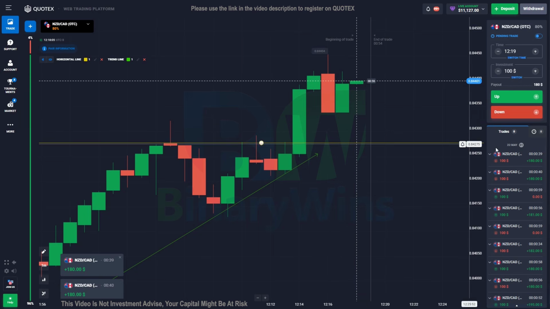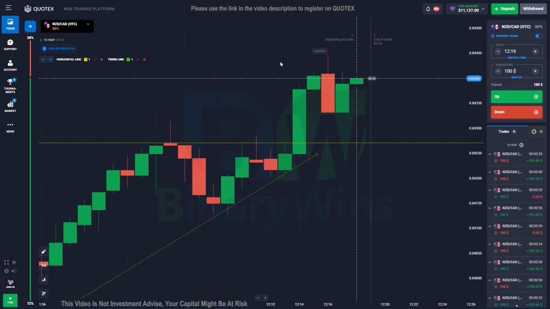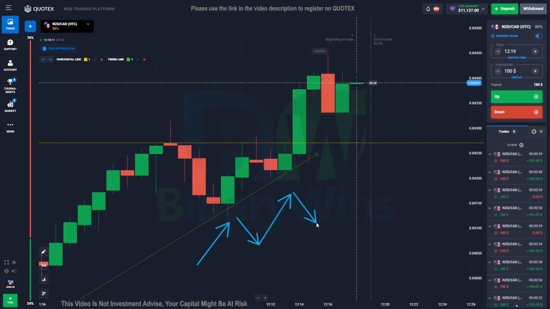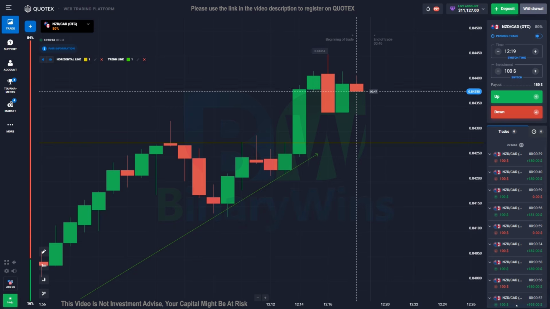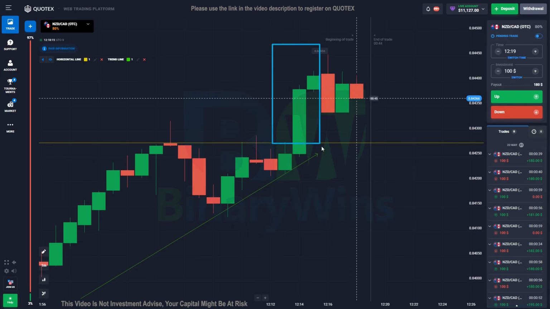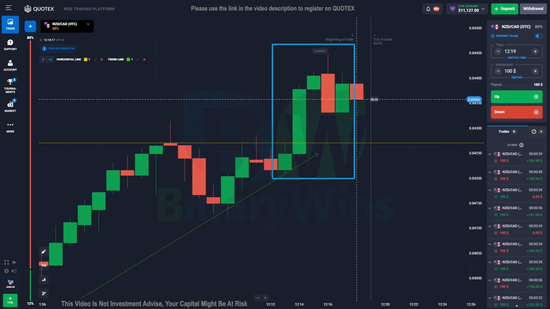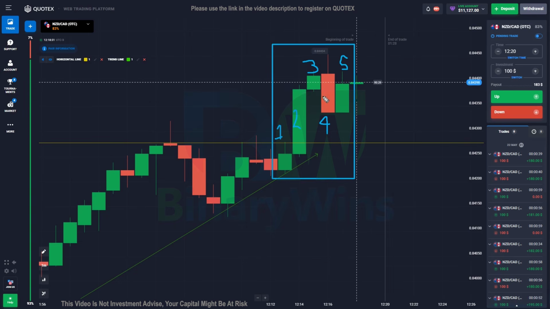Okay, look, let me explain again. Our trend was an uptrend. A 5 candle pattern was formed. But the 4th candle engulfed our green candle.